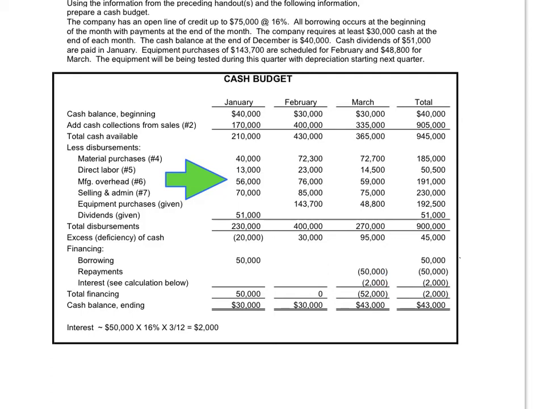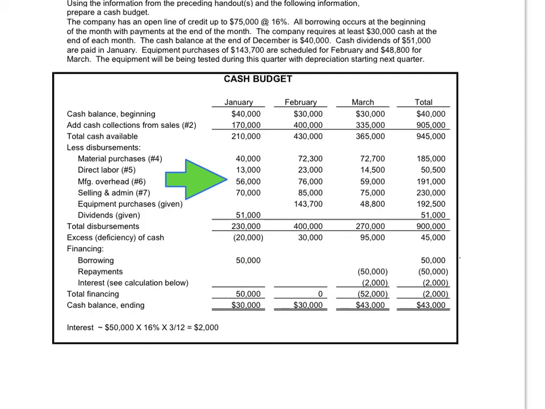So, in this month, we're going to have 50,000 of repayments, and we're going to repay our interest. And the way we calculate our interest is on this $50,000, we assume that we borrowed it at the beginning of January, and we're paying it back at the end of March. So that's 3 months. This 16% rate is the annual rate. So we take 50,000 times 16% times 3 months. It's 2,000.